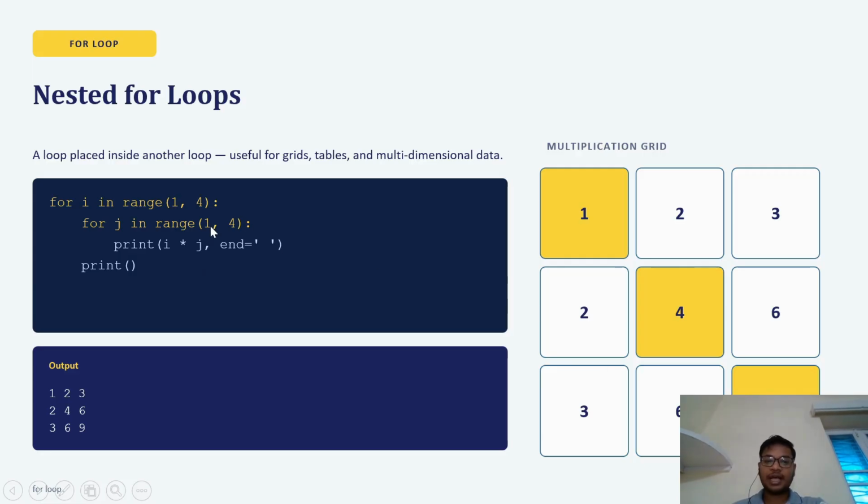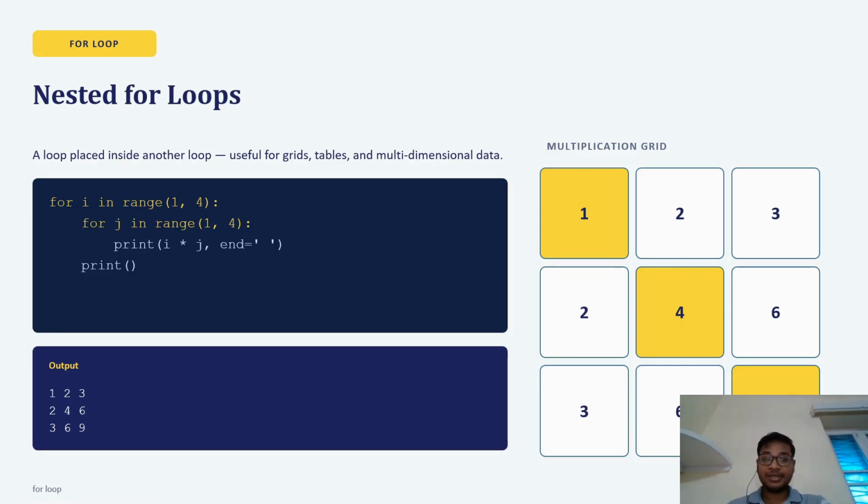Now again j becomes 3, and 3 into 3, 9. Correct. Then j becomes 4, that's not inside the range, so the code goes outside the loop. And i becomes 4, that's not inside the range, so the code stops at that point and the output is printed as 1 2 3 2 4 6 3 6 9.